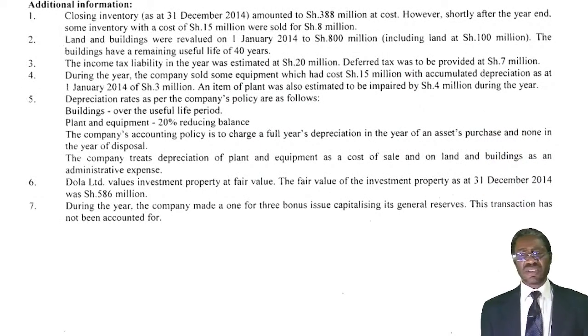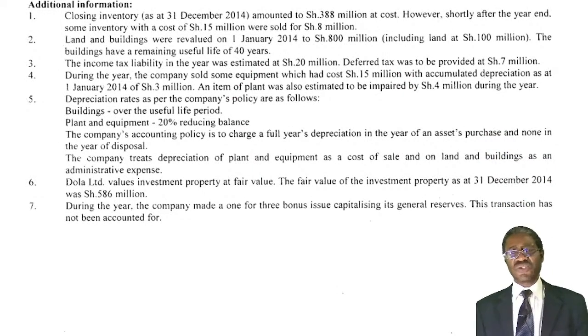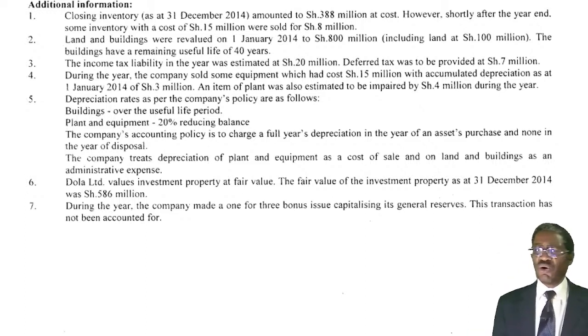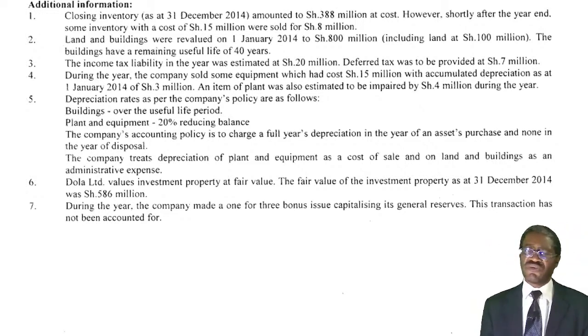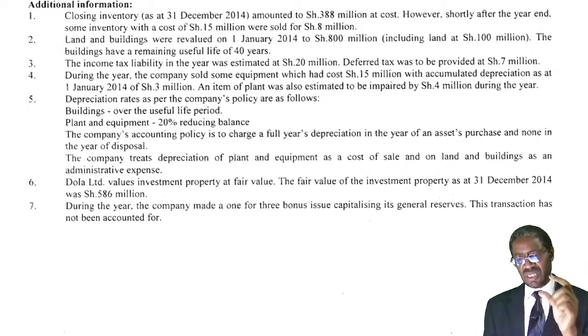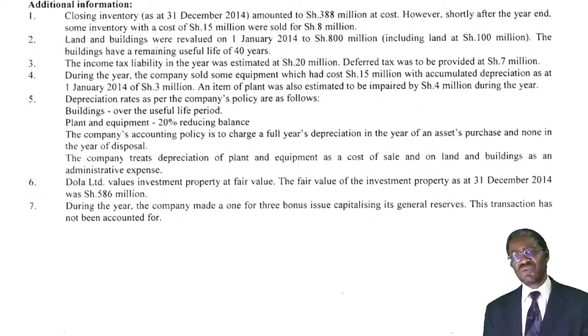Number 6 says, Dollar Limited values investment property at fair value. The fair value of the investment property as at 31st of December 2014 was 586 million. Listen, this company has an investment property which is valued at fair value.